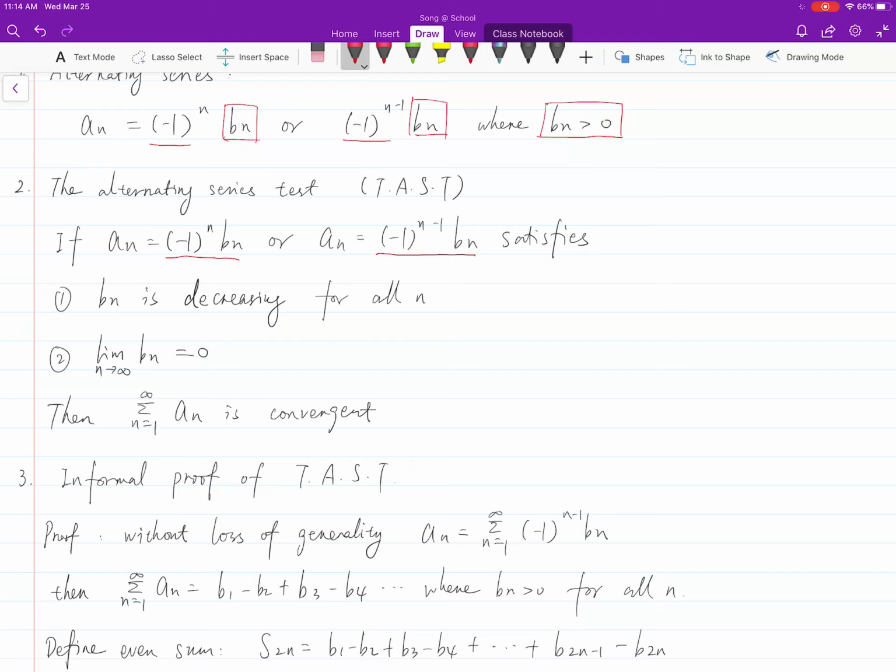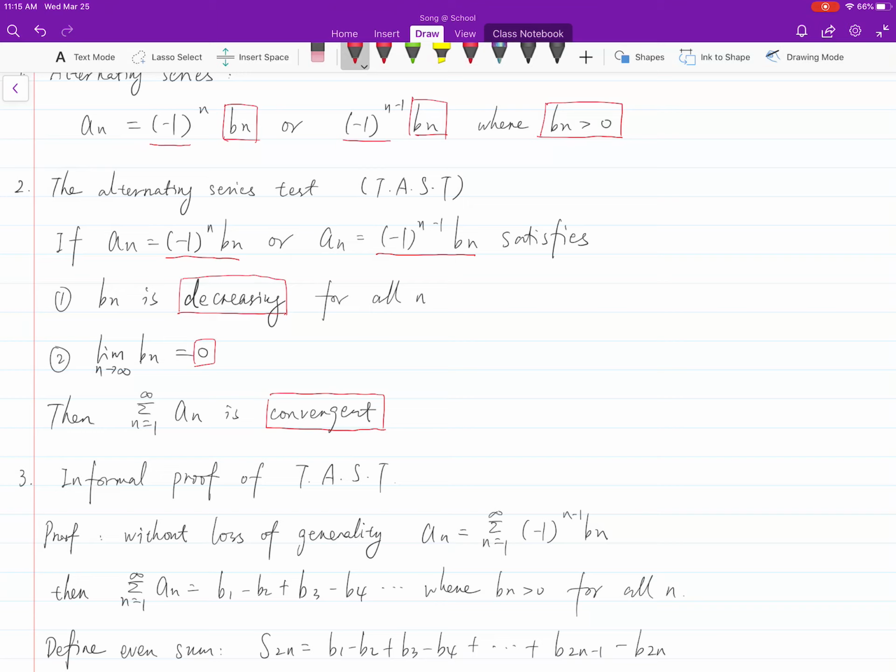Ignore the plus minus sign and just focus on the part which is positive. We need to check two conditions. Number 1, if it's decreasing. Number 2, if the limit is 0. If we check these two and find they're both satisfied, then according to the alternating series test, we can say the whole series is convergent. Okay, this is what the theorem says.